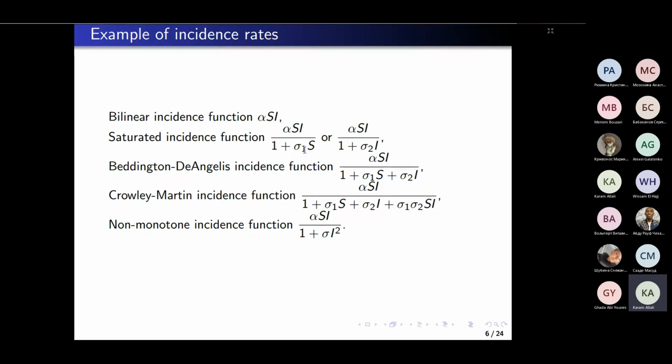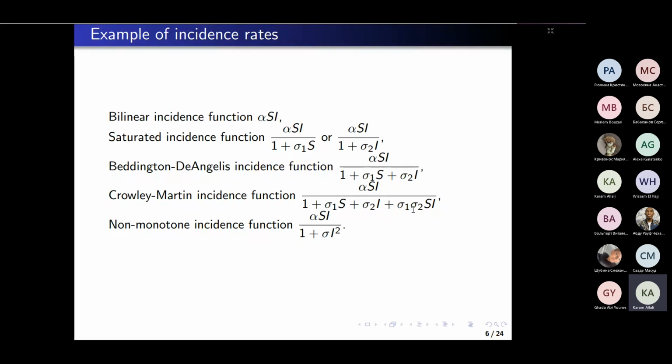We add sigma 1 S, and we also add sigma 2 I. Here we have something more general than the saturated incidence rate. And the Crowley-Martin is, of course, more general than the Beddington-DeAngelis.